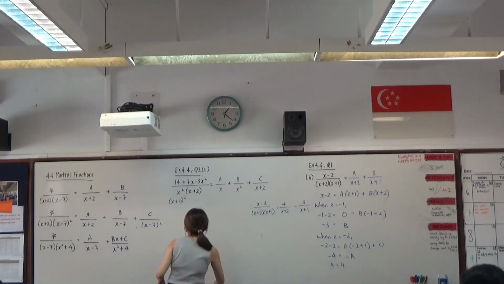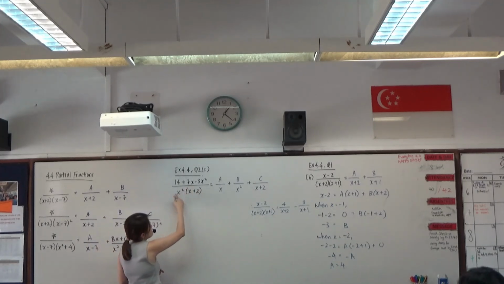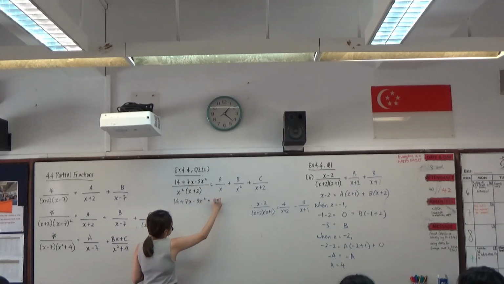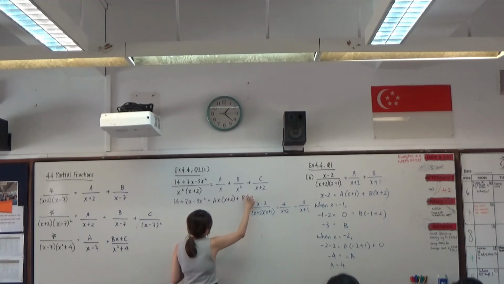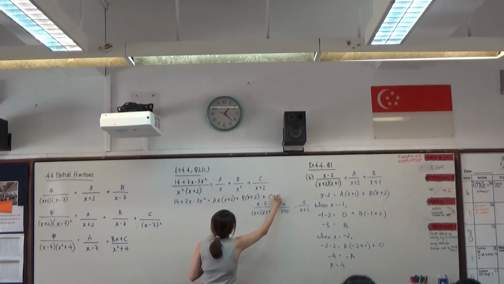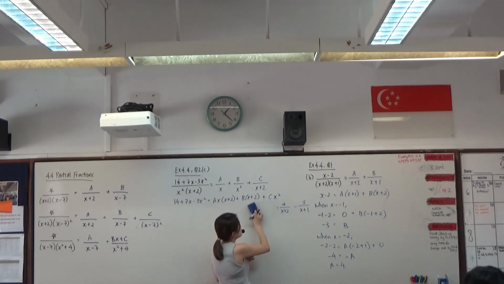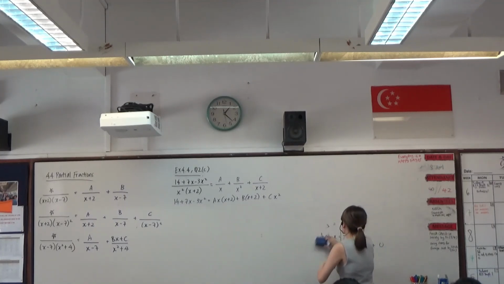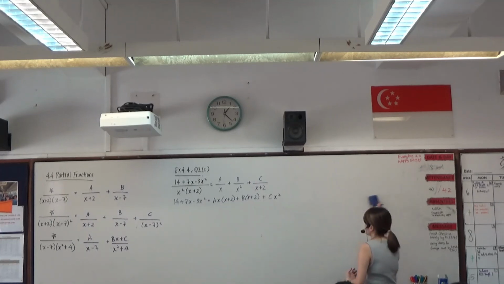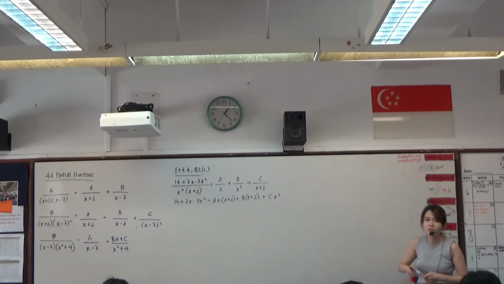Okay, so from here, the next thing we have to do is multiply across by this denominator. That will give us Ax times x plus 2 plus B times x plus 2 plus Cx squared. I'll give you a little bit of time to think about how I got this, in case you can't follow.